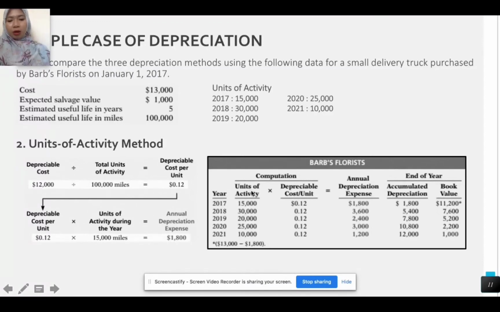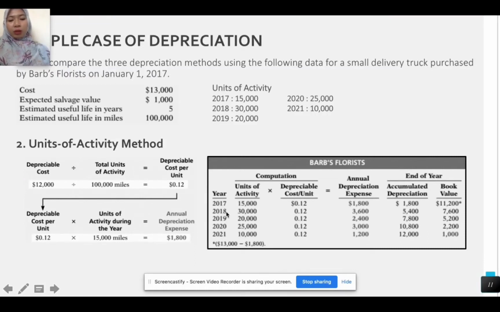See the depreciation schedule. The second column is unit of activity. The third column is depreciable cost per unit. And the fourth, the fifth, and the last are the same as the first method. Let's discuss unit of activity. The unit of activity for 2017 is 15,000 miles.